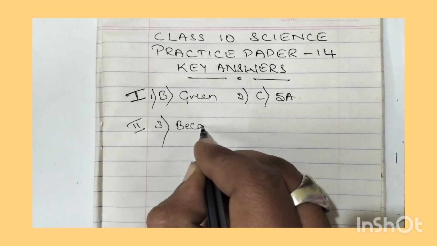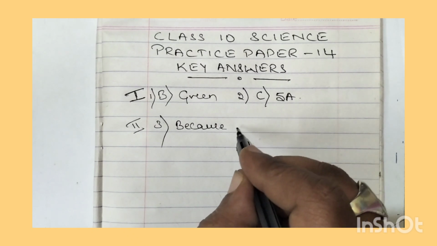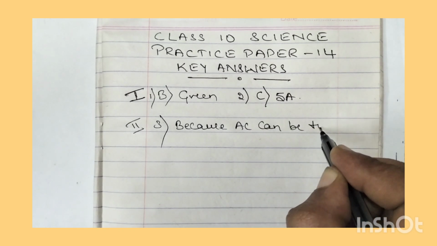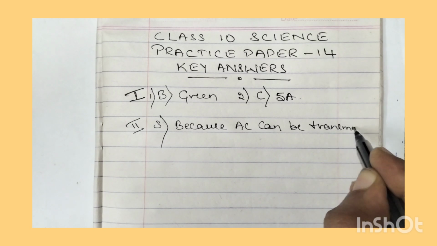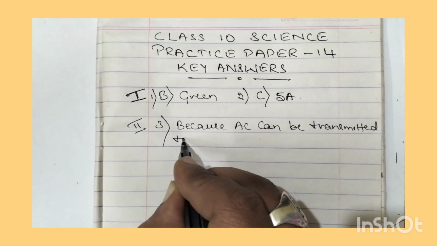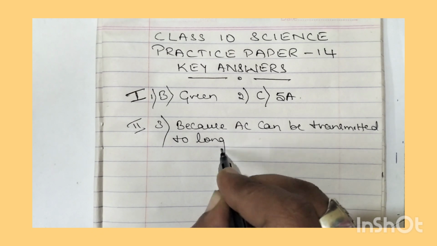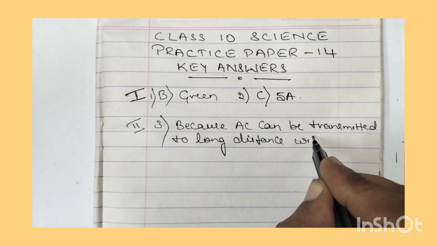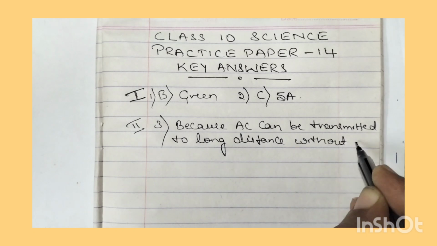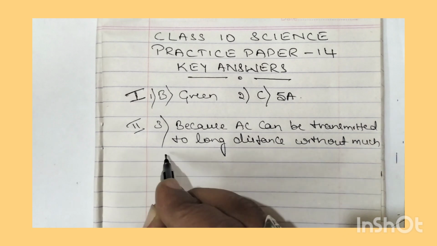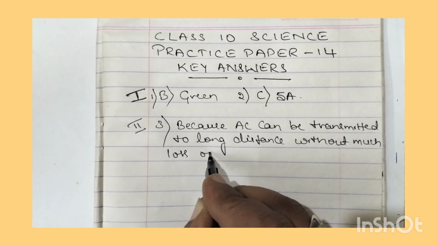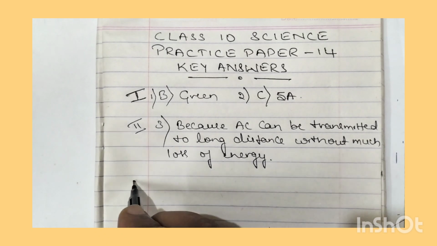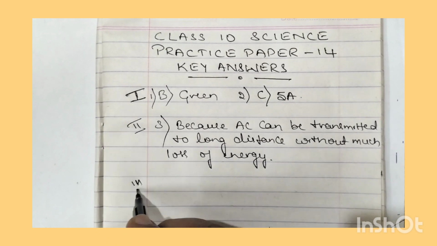Because AC can be transmitted to long distance without much loss of energy. Therefore, AC is preferred over DC.